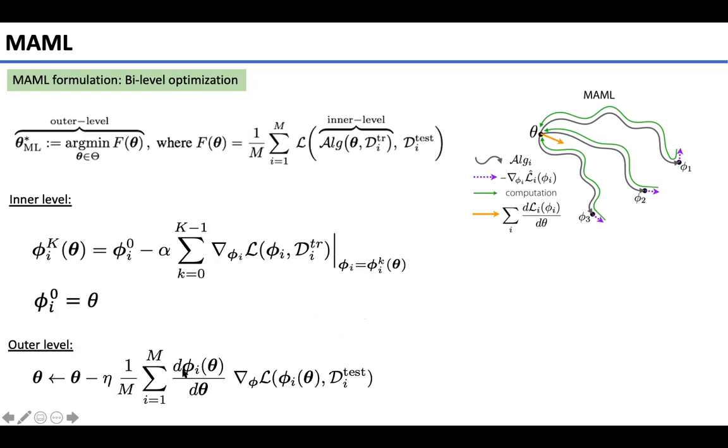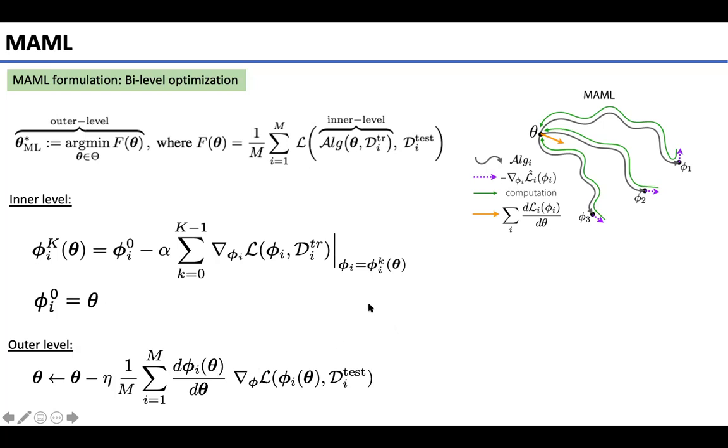So every time, for example at the fourth step, if we have d phi 3 by d theta, then we need to multiply by d phi 4 by d phi 3, and if this matrix size is large, this matrix multiplication has to happen at every SGD step in order to end up with d phi k for task i with respect to theta.